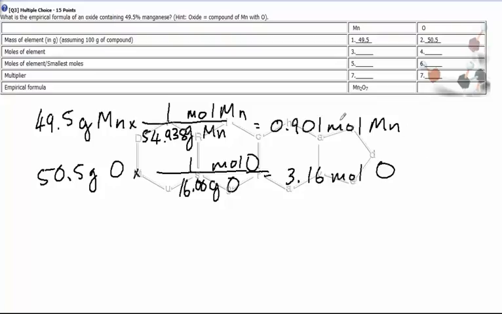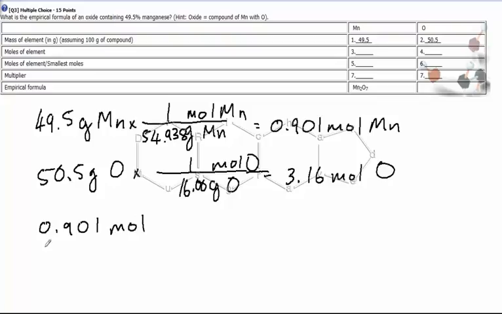But the whole point of an empirical formula here is that we want to figure out a ratio between these moles. We want to get a whole number ratio. This here doesn't mean a great deal to us right now. So what we can do in order to get a whole number is divide both of these by the smallest number of moles.